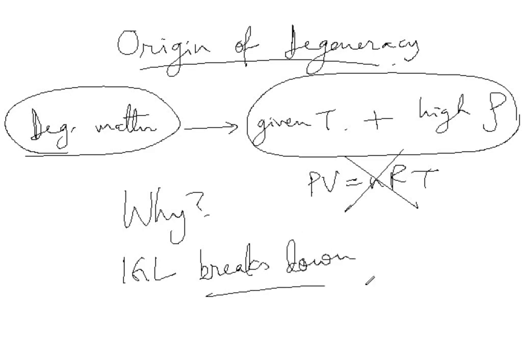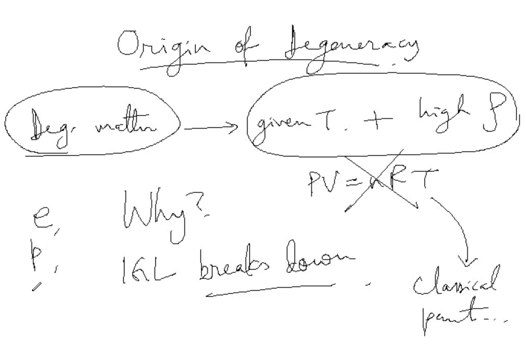Now you have to understand that this ideal gas law is basically for classical particles, which are distinguishable. However, what we are dealing with are electrons, protons and neutrons in the atom.